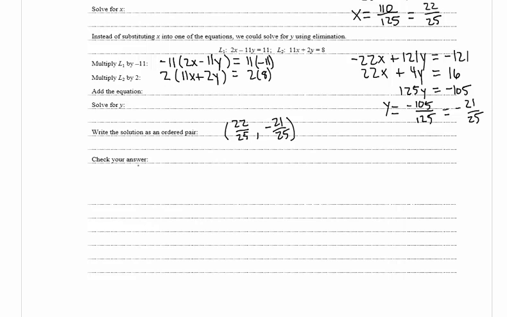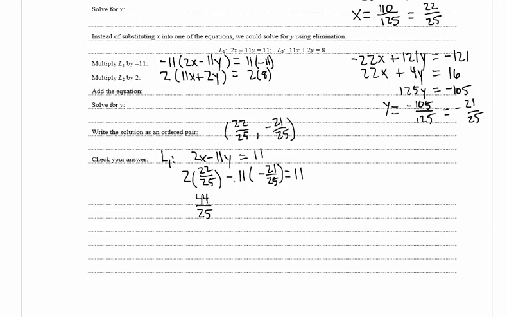So for L1, we have 2x minus 11y is equal to 11. So we have 2 times 22 over 25 minus 11 times negative 21 over 25 is equal to 11. 2 times 22 over 25 is 44 over 25.